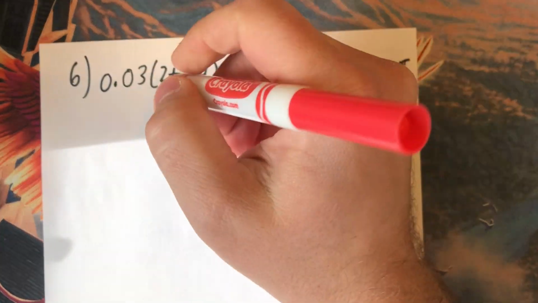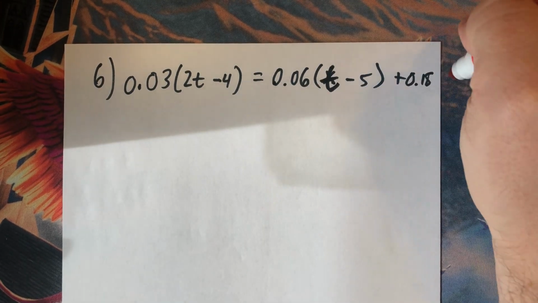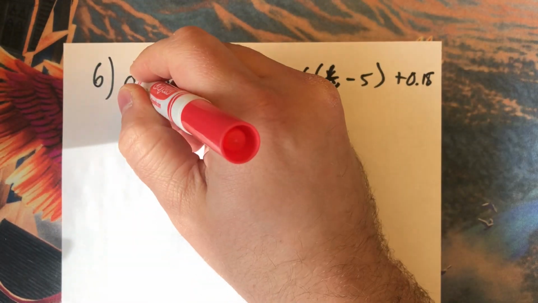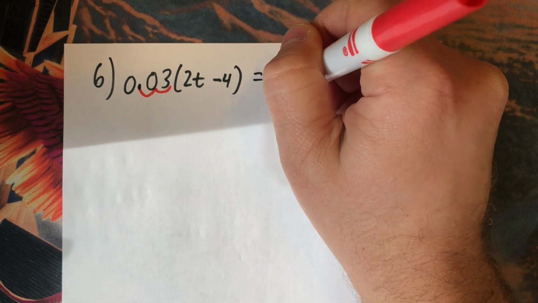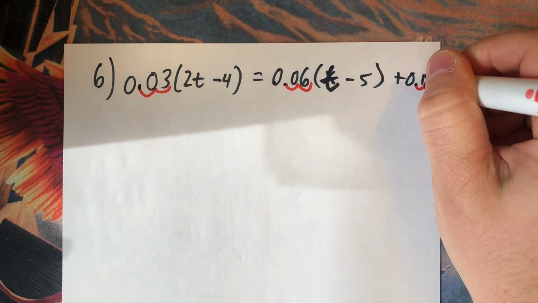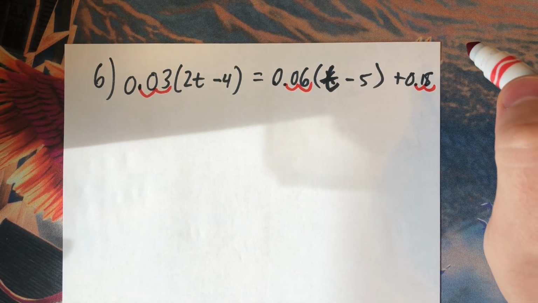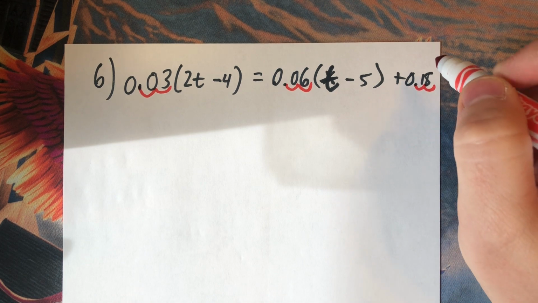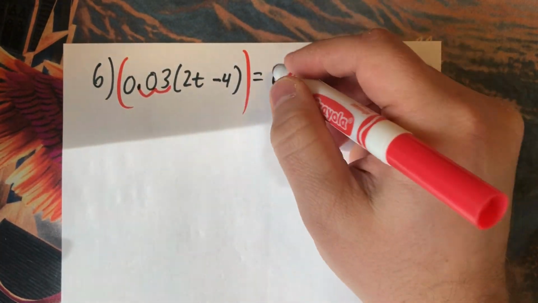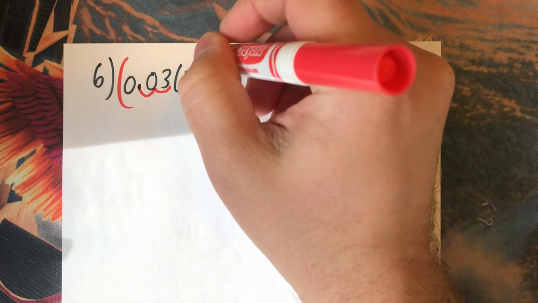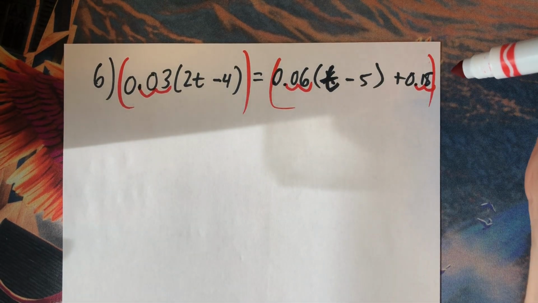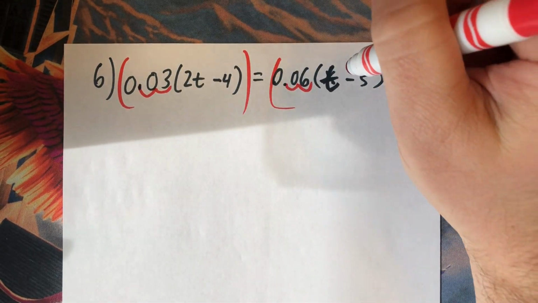And so how many places do I want to move these decimals to get rid of them? 1, 2. So what I can do is I can actually multiply this side and multiply this side. I can distribute a number to everything to cancel out these decimals.